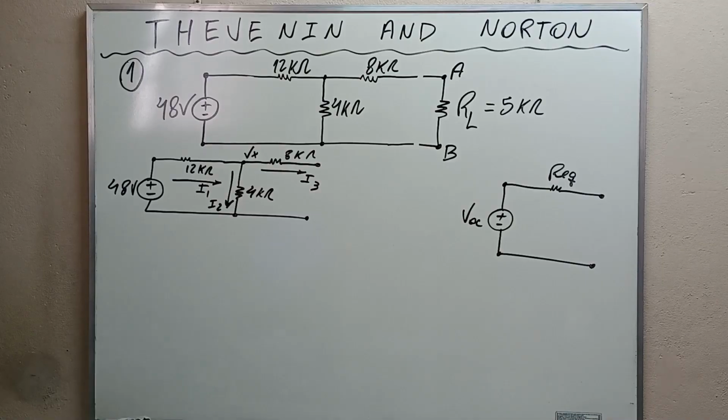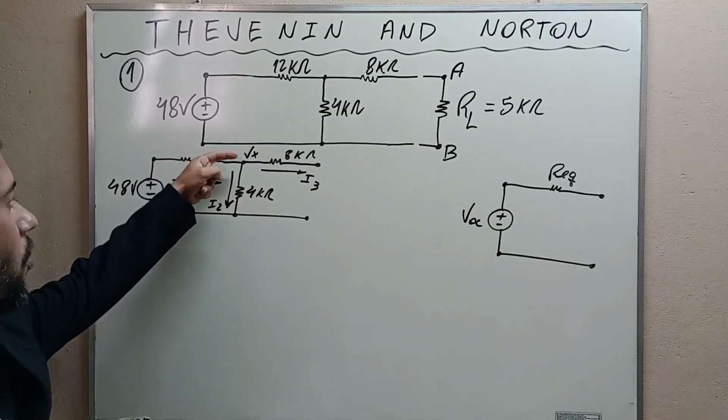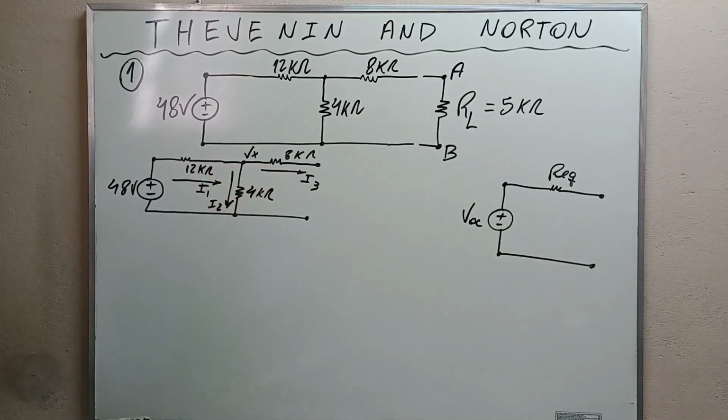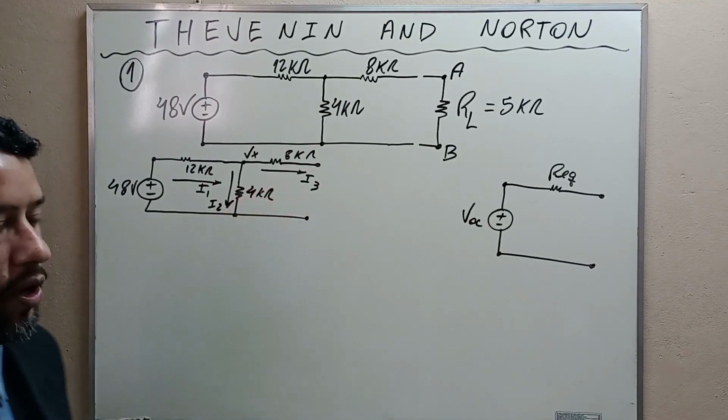And applying nodal analysis, we find that, how do we apply nodal analysis? See that the sum of the currents that enter a node has to be equal to the sum of the currents that leave the node, okay? What is the current entering the node? It is I1, and what are the currents leaving the node? I2 and I3, okay?